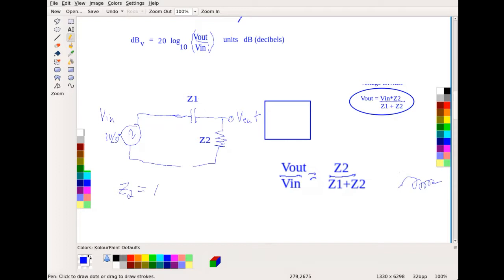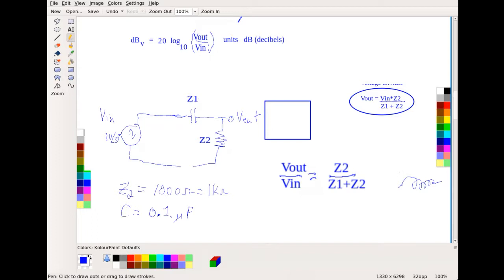To be, say, 1,000 ohms, or 1 kilo ohm. And for Z1, let's say that my capacitor is going to be 0.1 microfarad.